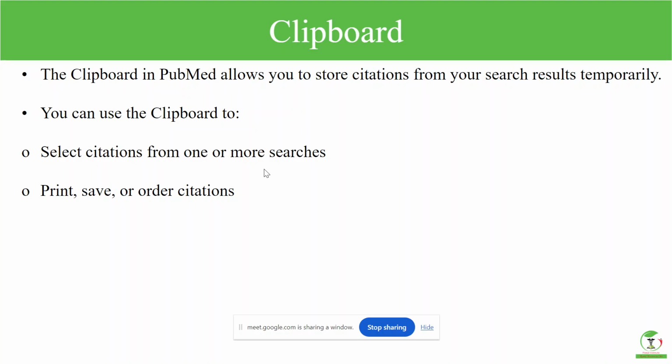Research requires you to be very organized, such that you don't wake up in the middle of the night and say, there is that article I need, where did I put it? So PubMed allows you to retrieve your search history, but also to copy that link, paste it on the clipboard and print it out, or even save it on your computer, such that when you remember it and you want to go for it, you can retrieve it.